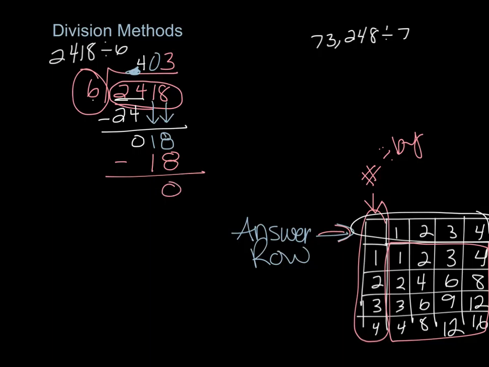We're left with nothing, so we don't have to have a fraction. So our answer, if we had this problem, 2,418 divided by 6 equals 403. Remember, this right here is your answer. This is where the answer goes.